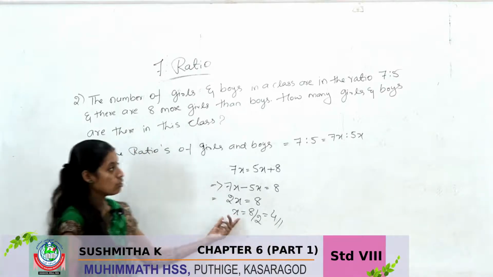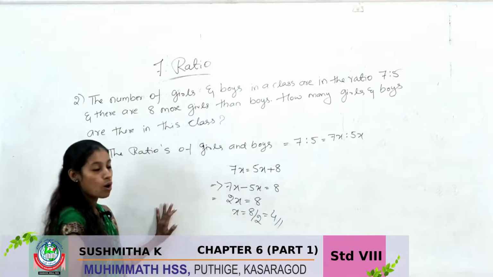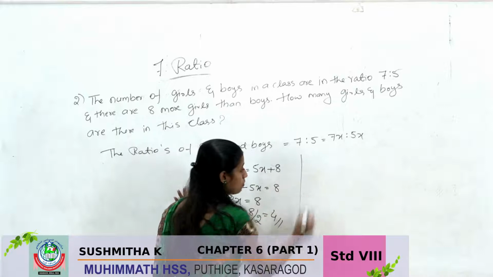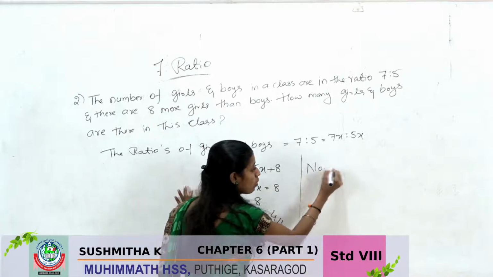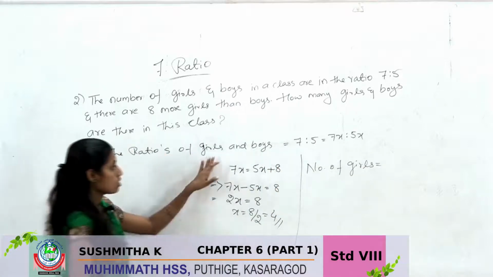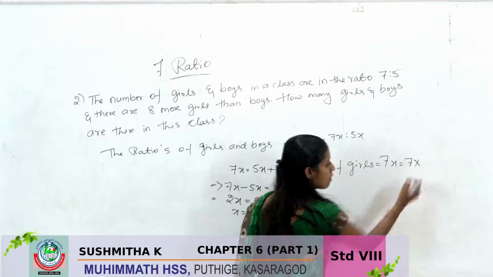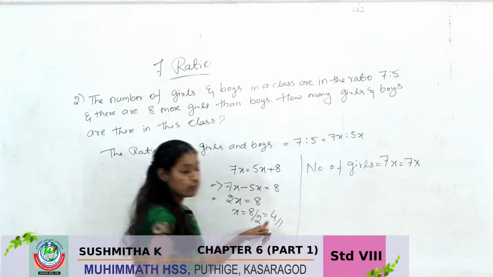Then we will find the number of girls and boys in that class. So the number of girls is 7x. So 7x is equal to 7 into the value of x, which is 4.